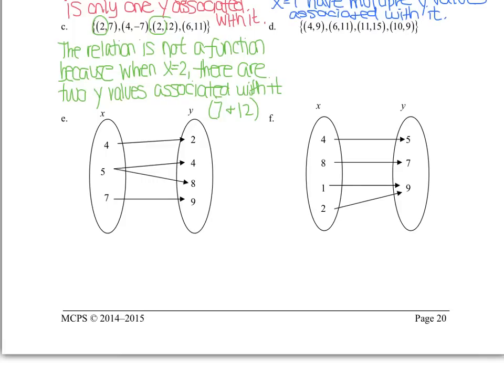Part D gives us (4, 9), (6, 11), (11, 15), and (10, 9). Therefore, the relation is a function.